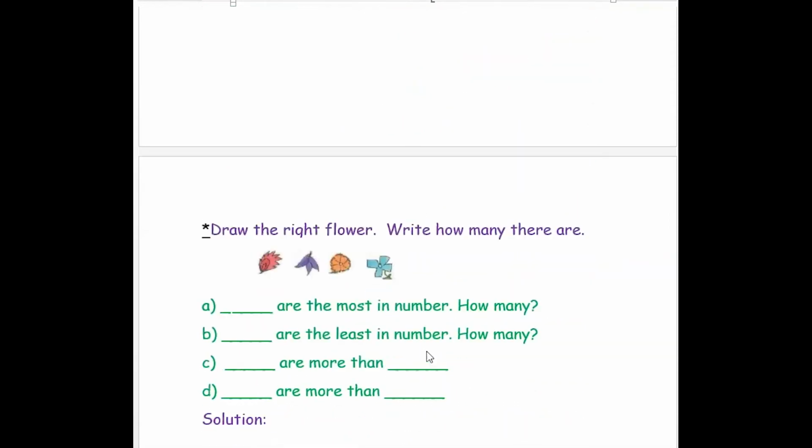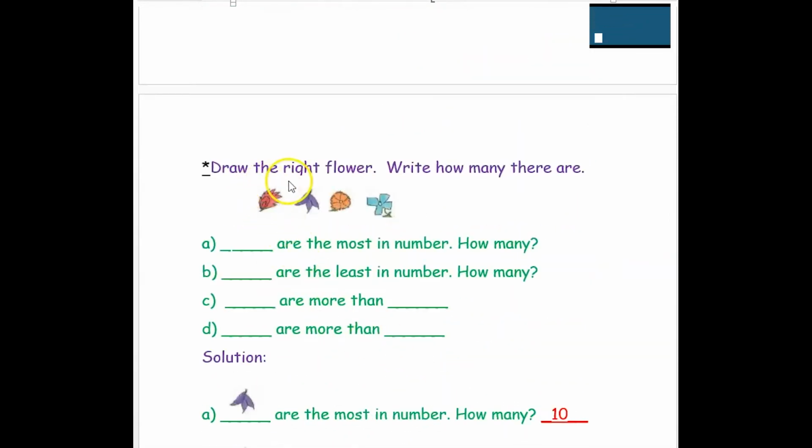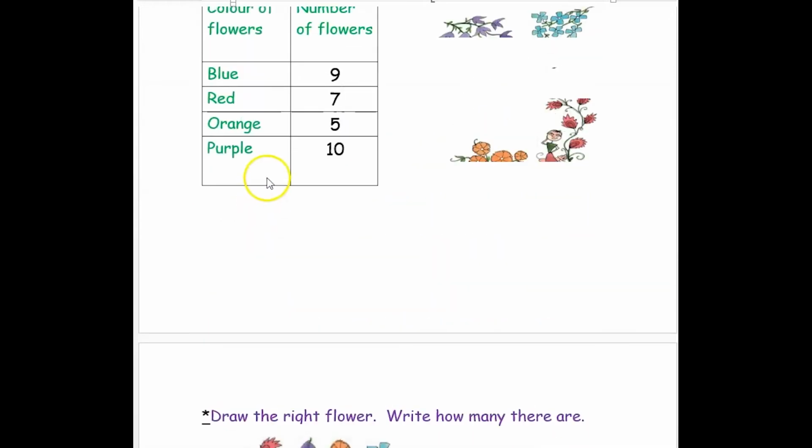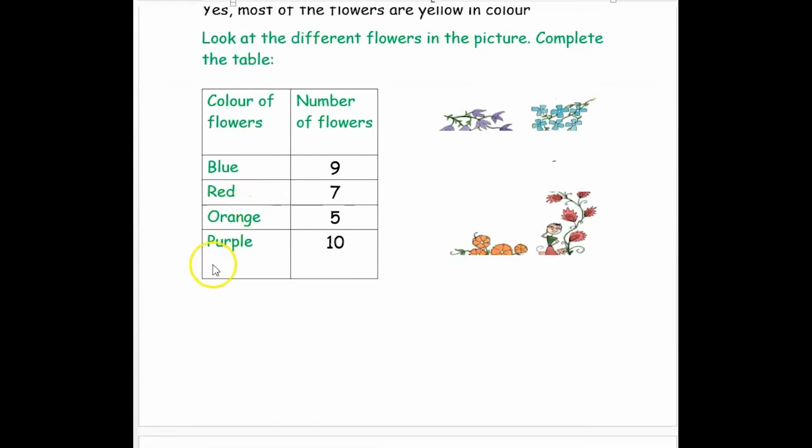Okay, now we'll see the next question. Draw the right flower. Write how many are there. So first is, dash are the most in number, and how many. Most means many in number. From this table we can write many flowers.